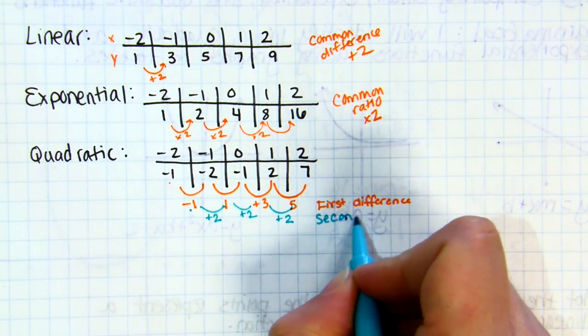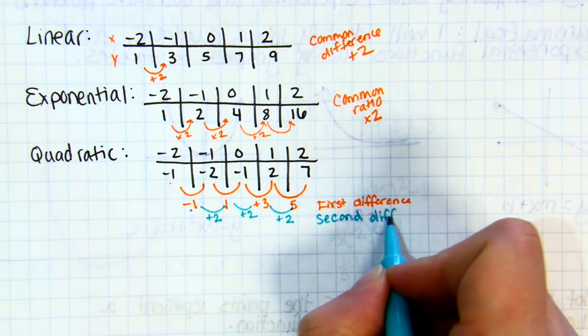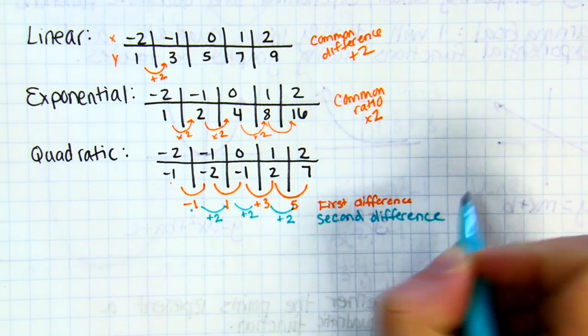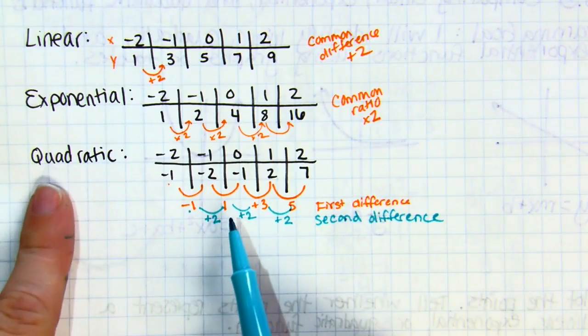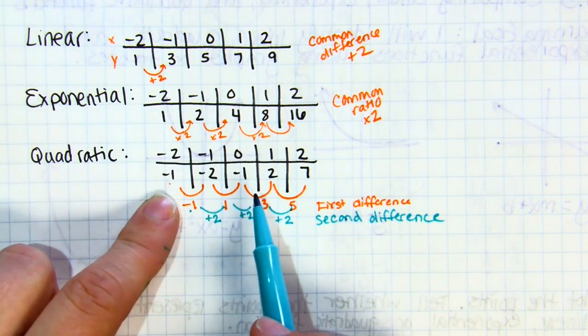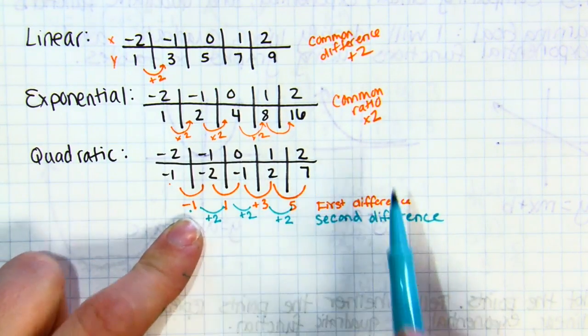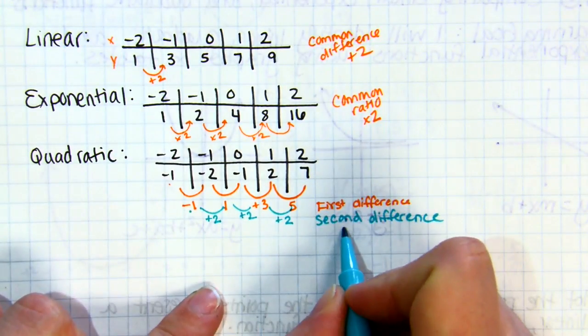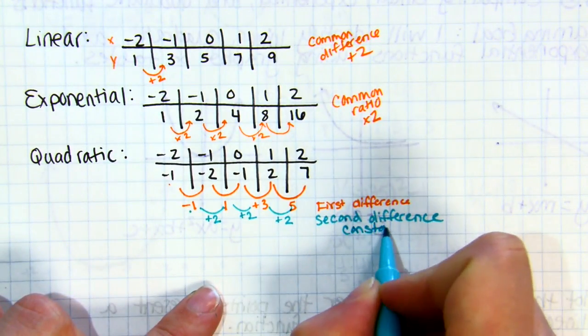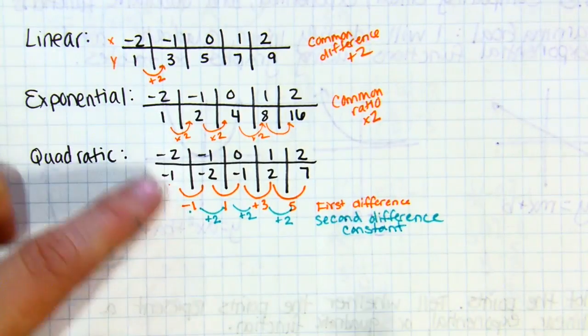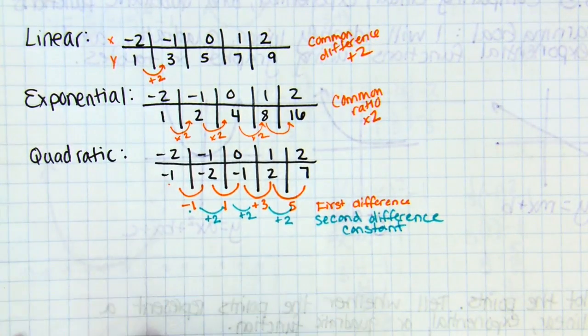So here, my second difference is what's constant. And that's how I know it's a quadratic, if I find the difference of the difference and get a constant value. That's how I'm going to know. So when I look at a table, I just need to look at the difference of the difference. And we'll do a couple examples with that.